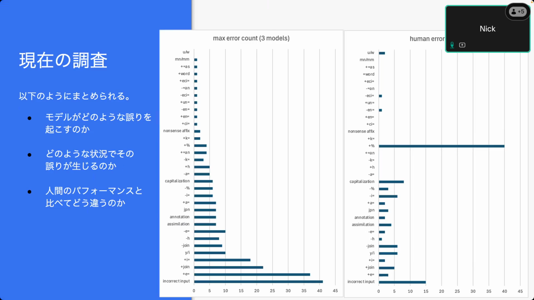And you can see that there are more mistakes on the side of the model, but we can also see that there are patterns that can be addressed to improve output. So in particular, I'm looking for, in what cases is the output incorrect? What kind of incorrect output does it produce? And how does it compare to human transcriptions?